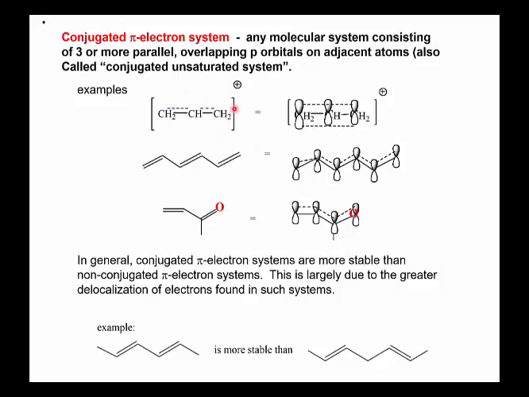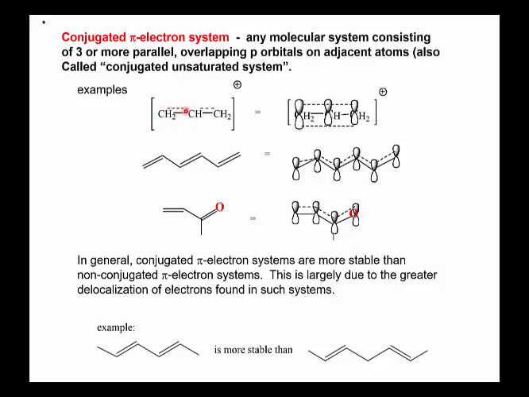This cation is called an allyl cation, or carbocation. We saw it back in chapter 2 when we began our study of resonance structures. In the allyl carbocation, each carbon has a p orbital.